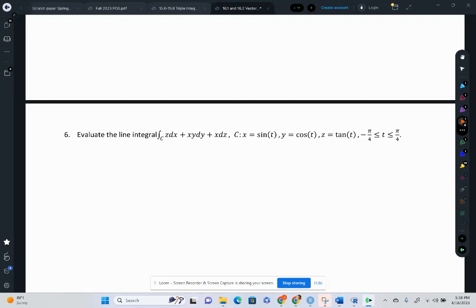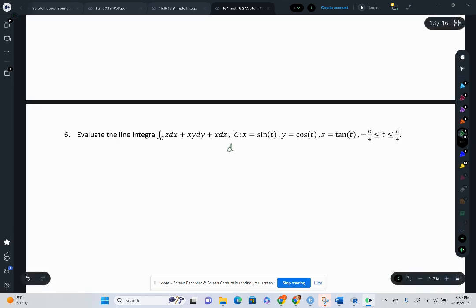Okay, here we're asked to evaluate the line integral of z dx plus xy dy plus x dz. Our curve C is defined by x is sine of t, y is cosine of t, z is tangent of t, and they give us bounds for t. It's going from minus pi fourths to pi fourths. So I'm just going to go underneath my C definition and write my dx, dy, dz.